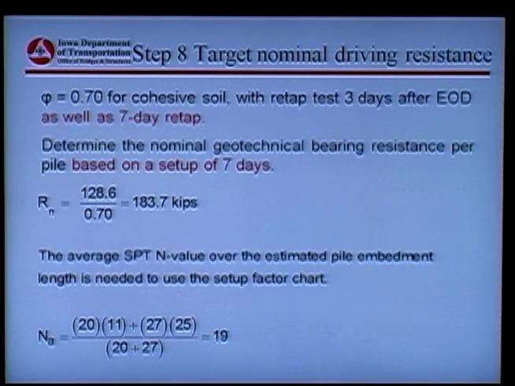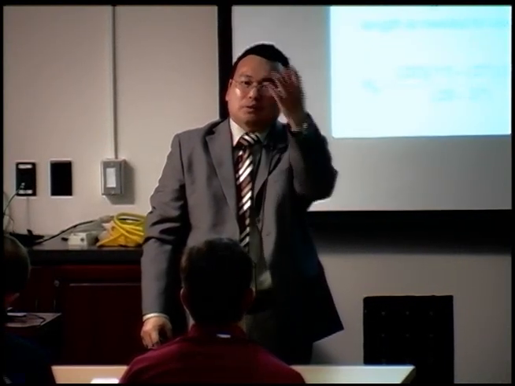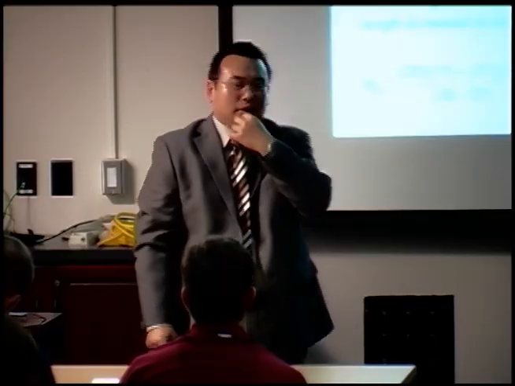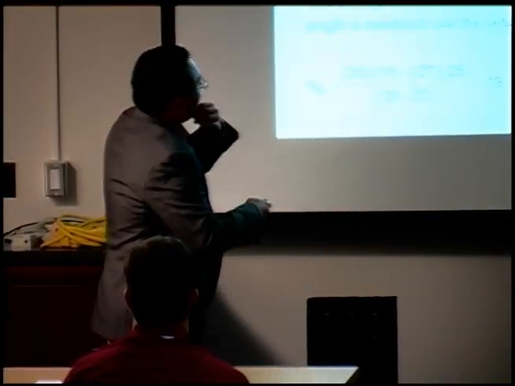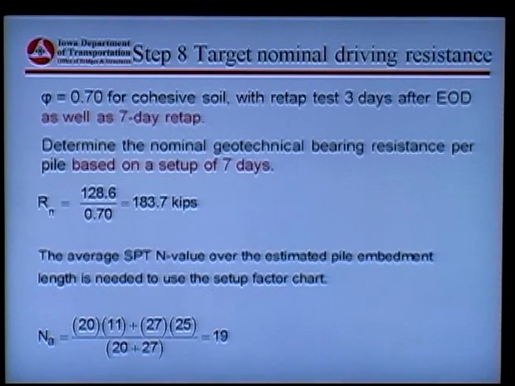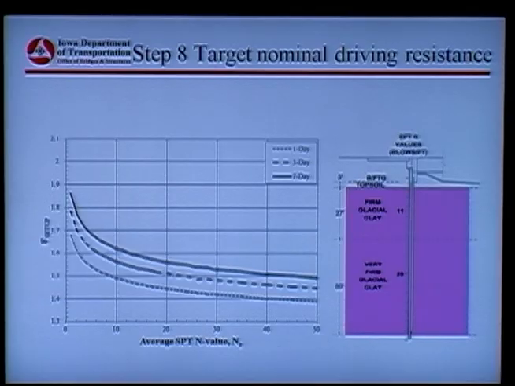Okay? But we always compare the performance at the end of driving. We cannot wait until 7 days. Right? So we take this number, back calculate to the end of driving as described in Track 1, right? To determine the REOD. So this is what is required at 7 days. We know that the weighted average of N value is 19. So from this design chart, at 7 days, the factor is 1.57.